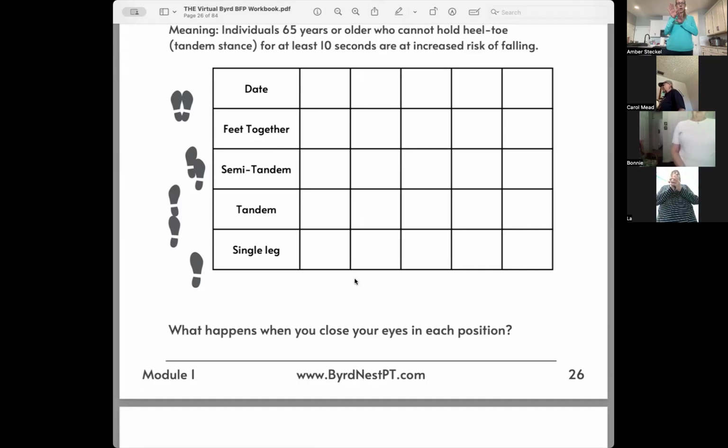One position that's not on here, but I'm going to have you do is just keep sliding that foot all the way forward till your heel is at your toe. But don't cross it over and stand on a tightrope. So peg your feet together and then just slide one foot all the way forward. Which one? Either foot.